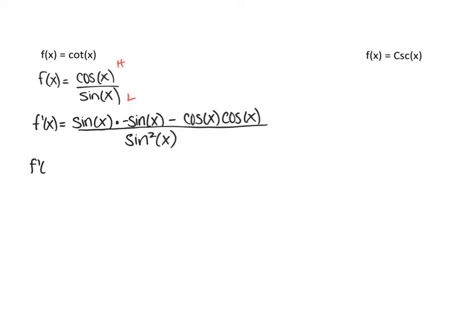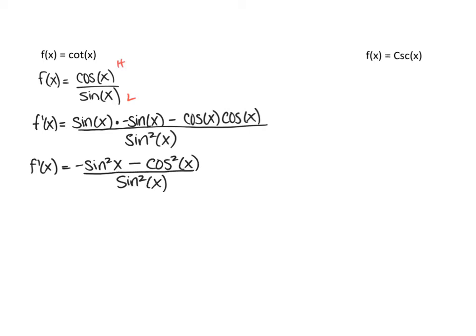And we can simplify by multiplying. Sine times negative sine is negative sine squared, minus cos times cos is just cos squared, over sine squared.